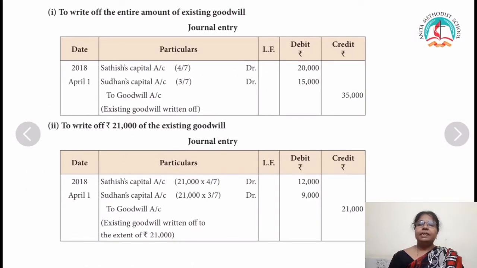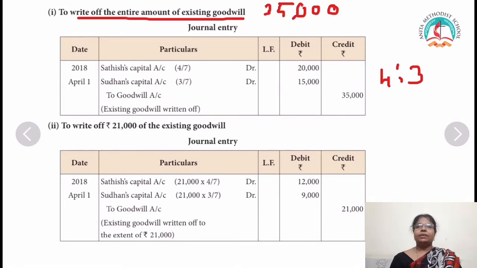Now the first journal entry is to write off the entire existing goodwill. So Satish capital account debit, Sudan's capital account debit to goodwill, and it is shared in the ratio of 4:3. So 20,000, 15,000, that comes to 35,000.